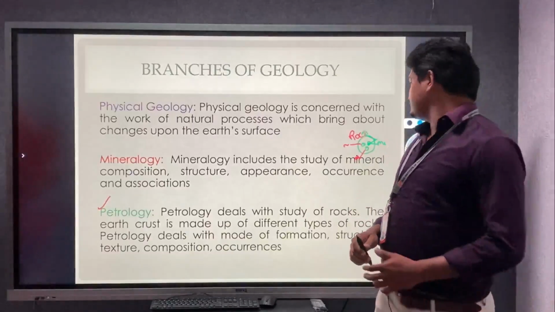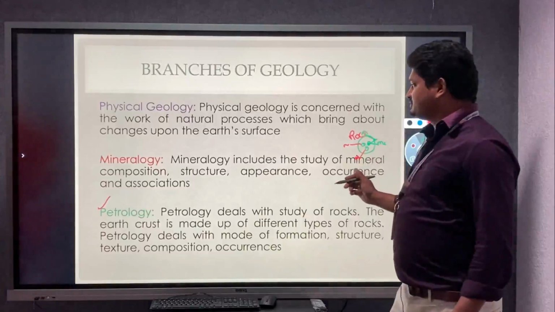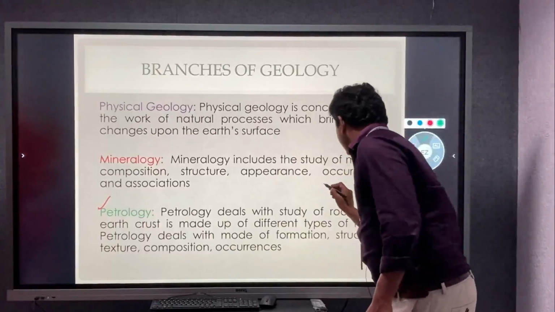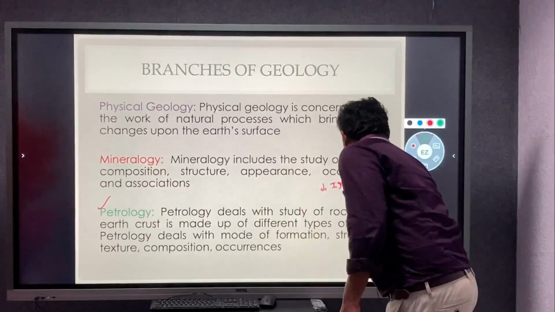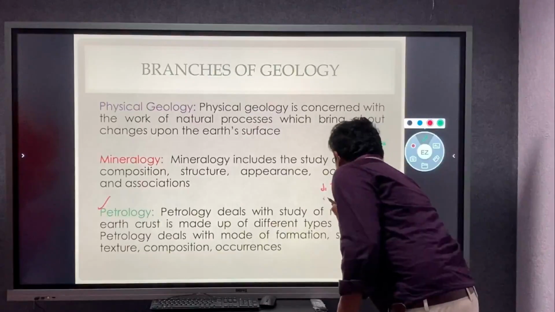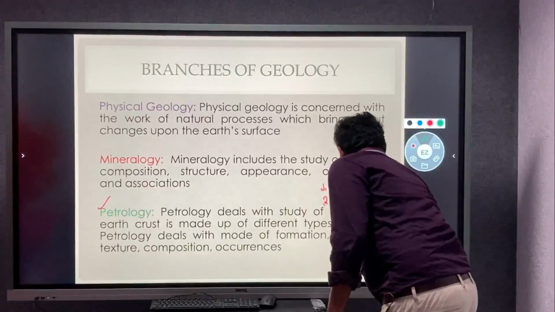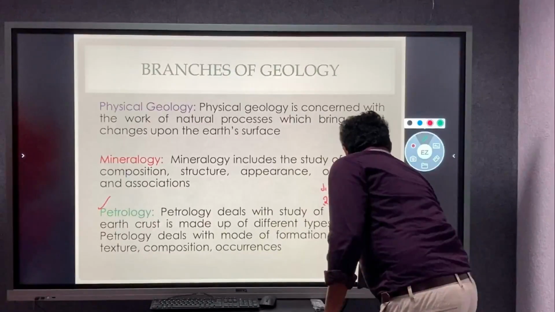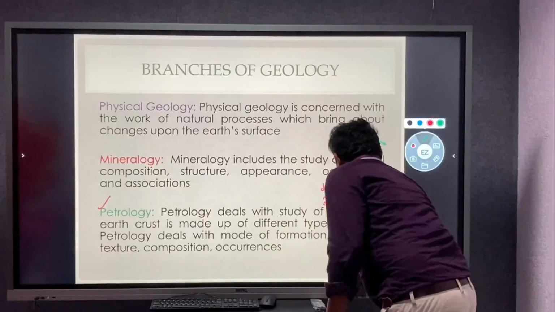In the earth crust, three different types of rocks are there. One is igneous, another one is sedimentary, and the third one is metamorphic.